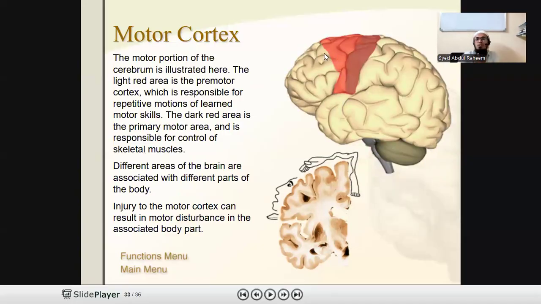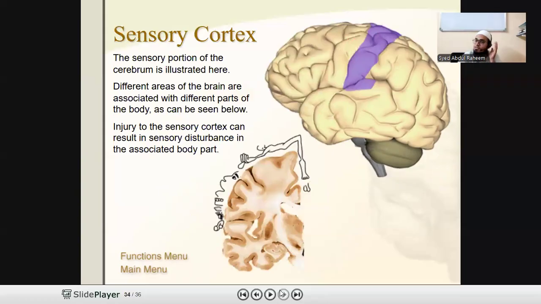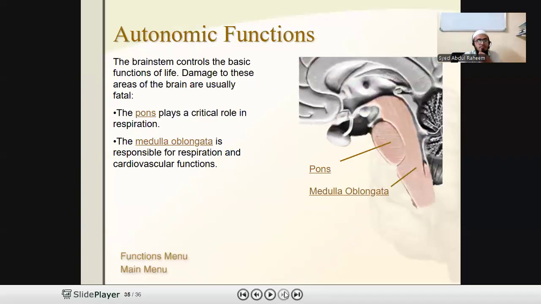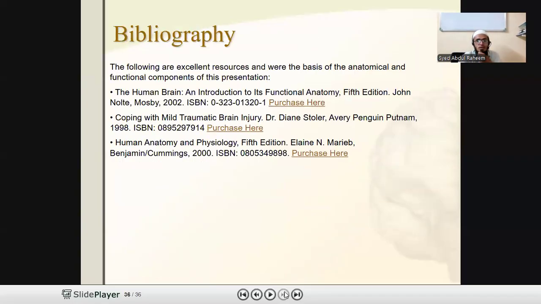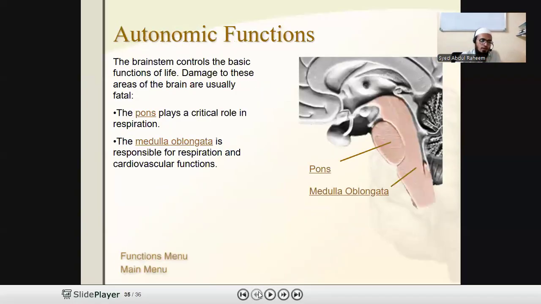That means we have motor function: lifting the hand, walking, everything. It is coming from the frontal lobe itself. Sensory cortex: sensation, touching, everything you feel comes to the parietal lobe. Okay. So these are the important functions of the brain.